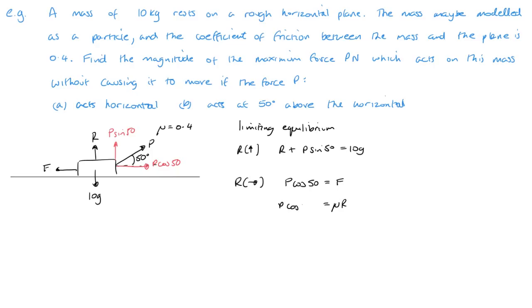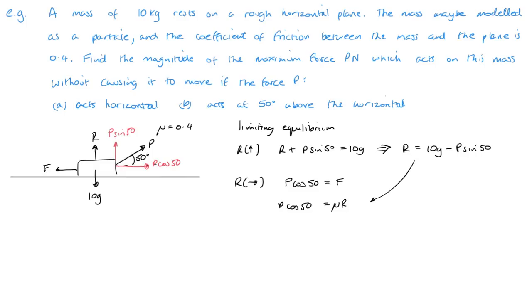So P cos 50 equals mu R. Now I can take this top one here and make it R equals 10G minus P sine 50 and substitute it in down here.